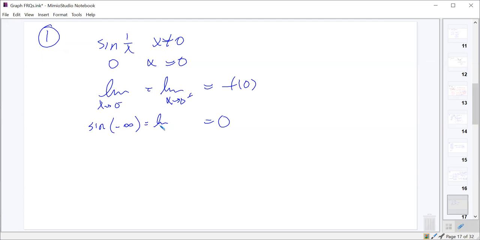Well, as you try to take the sine of negative infinity or the sine of positive infinity, this oscillates, which means that it does not exist. Does not exist is not the same thing as 0. So the first one is not continuous. Everybody good with A not being continuous?